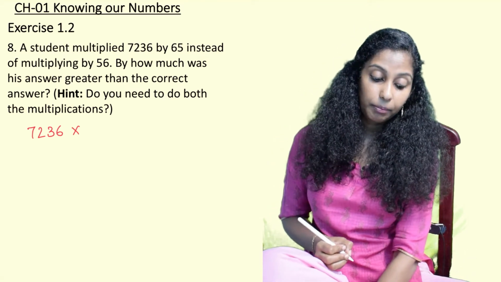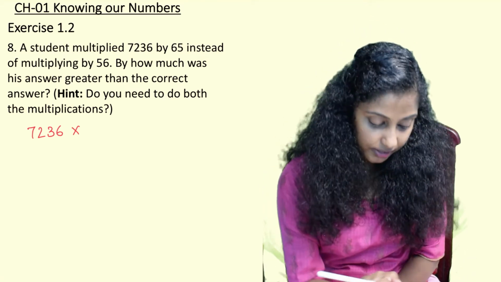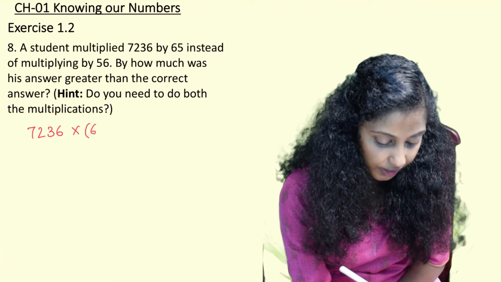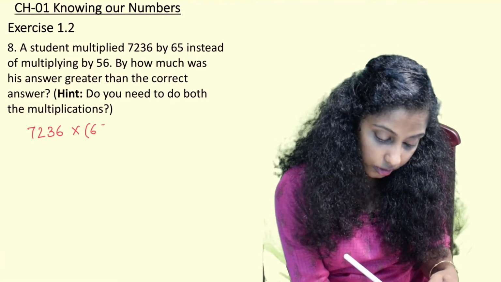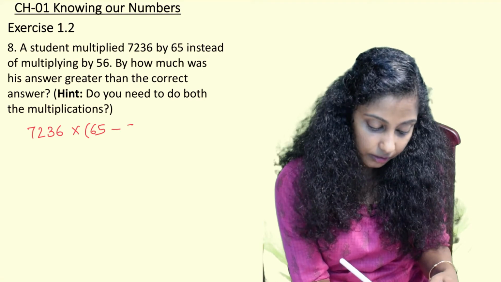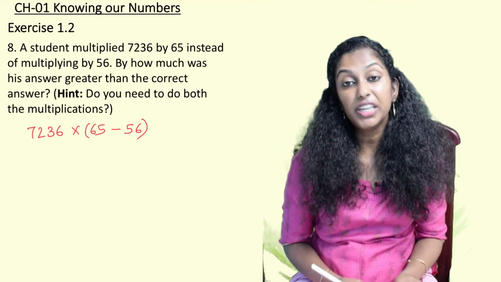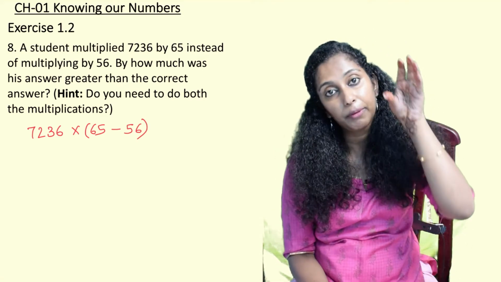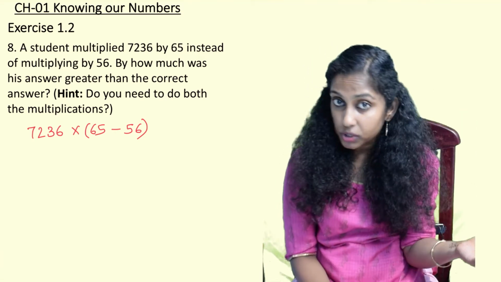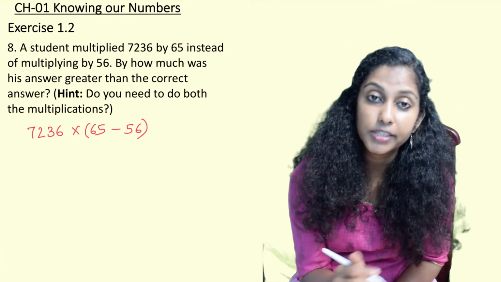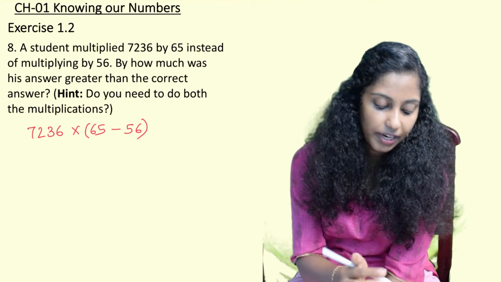So no need to multiply by 65 and 56 both and then do subtraction. We can just directly see the difference between 65 and 56.